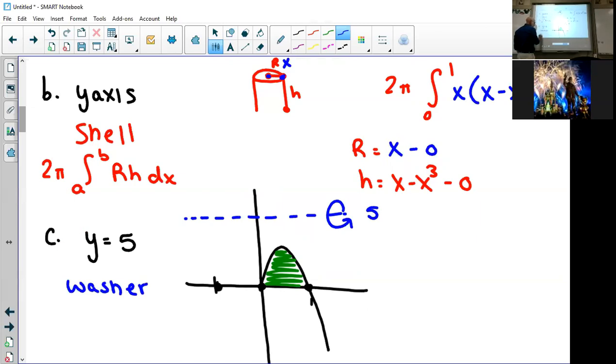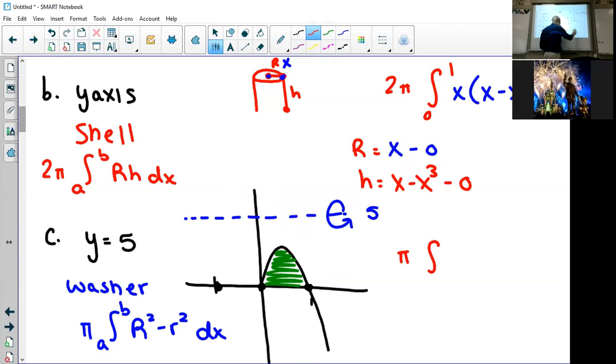Remember, washer is pi integral a to b of big R squared minus little r squared dx. Again, our a to b is still 0 to 1. Isn't that nice? For big R, we start on the axis again.